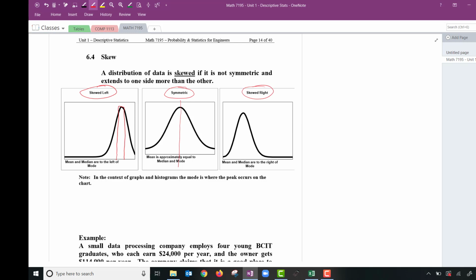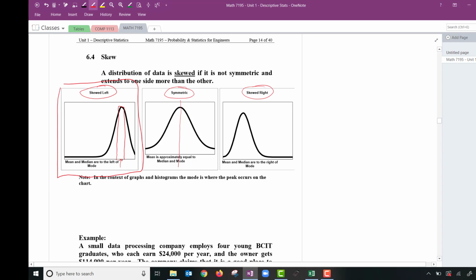So we use the mode in a slightly different way when we're talking about histograms, or in this case, I smoothed out the curves to have more of a continuous case here. But in the case where we're looking at this left skewed graph, the mode is where the peak is.